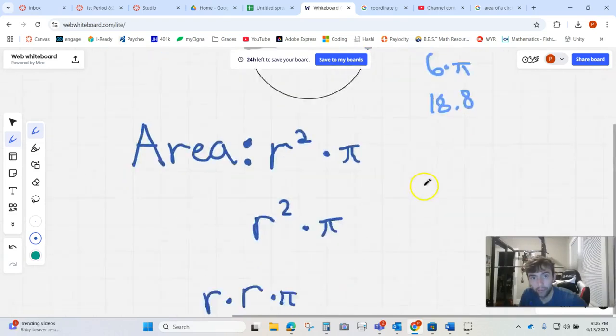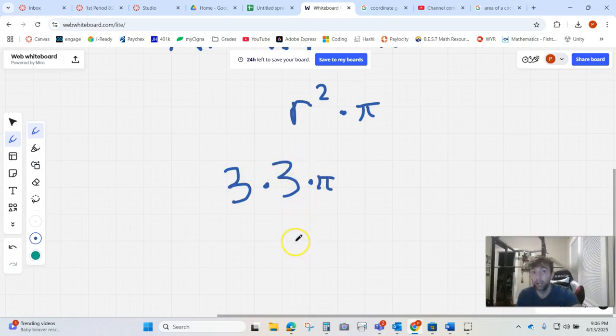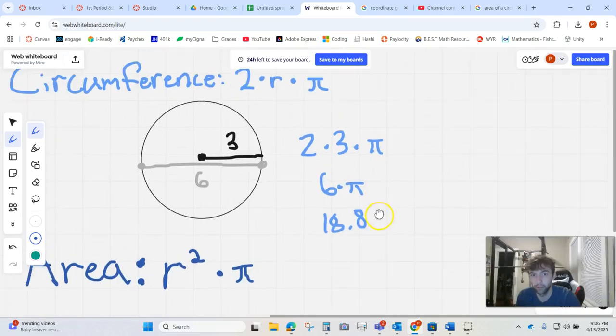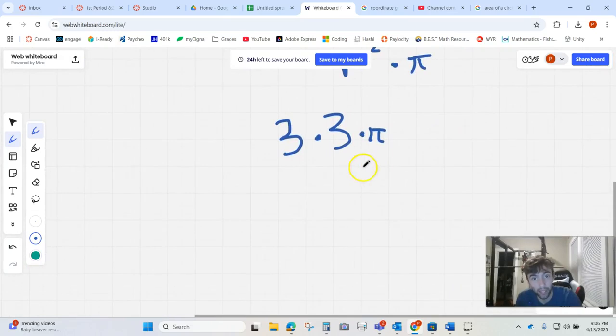Our radius is 3, so let's erase those letters and replace them with the numbers. So 3 times 3 times pi. 3 times 3 is not 6. That's 3 plus 3. 3 plus 3, or 3 times 2, is 6. 3 times 3 is 9.